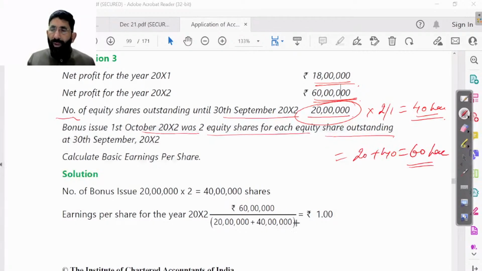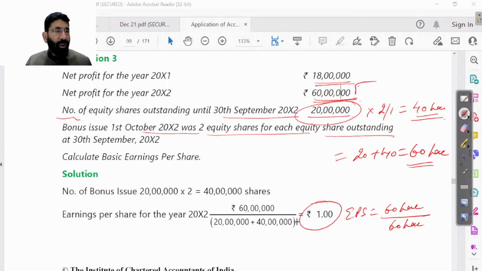So that means when we have to calculate basic EPS, then we have to take net profit of the current year as normal, 60 lakh divided by 60 lakh shares. So obviously it will become rupees 1 per share.